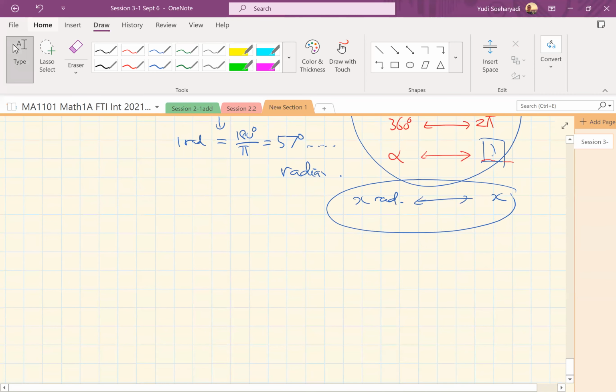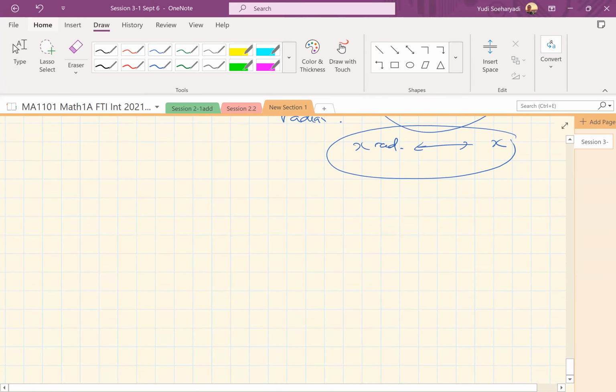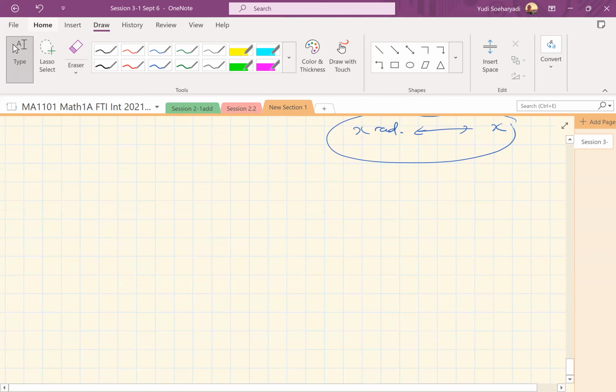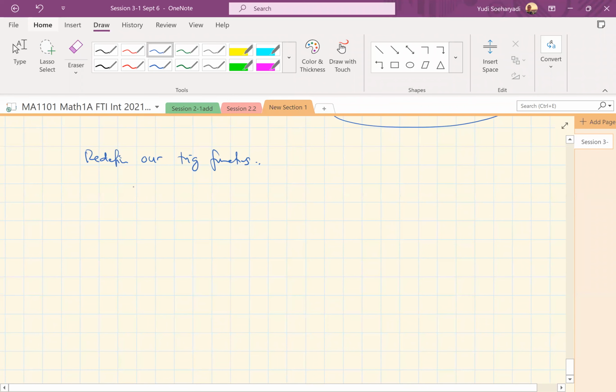Now we redefine our trig functions. Let x be a real number.